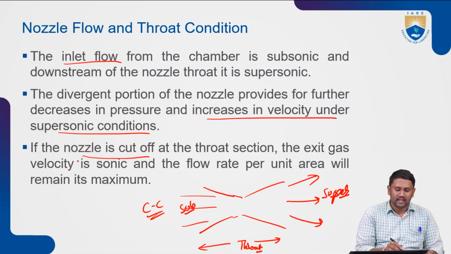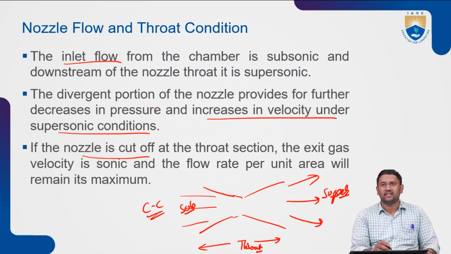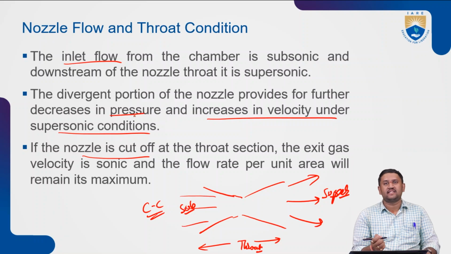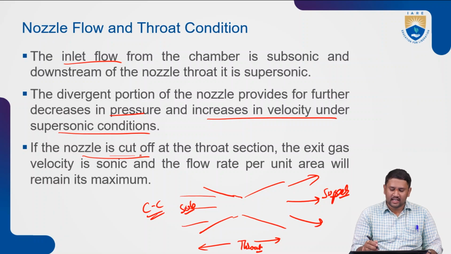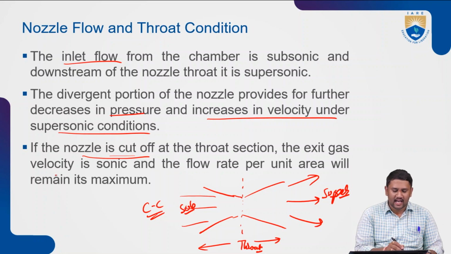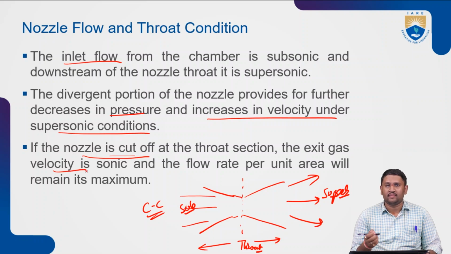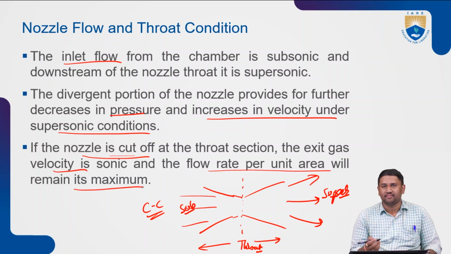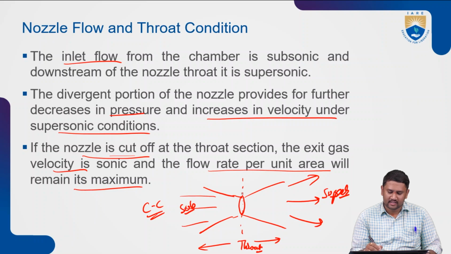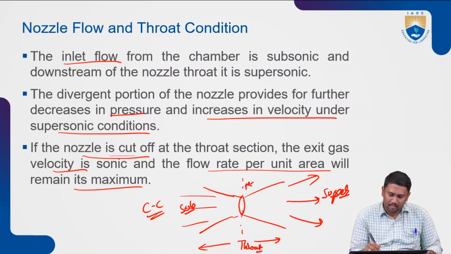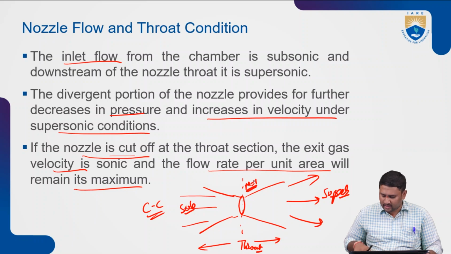The divergent portion of the nozzle provides a further decrease in pressure, in turn increasing the velocity. Now, if the nozzle is cut off, for example, at the throat section, the exit gas velocity is sonic, and the flow rate per unit area will remain at its maximum, because this is the throat area. It will be under Mach 1 at that particular section.